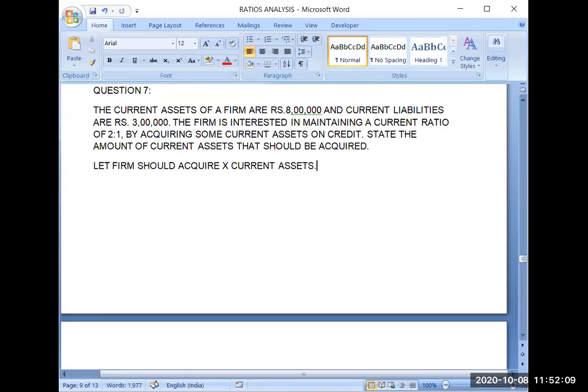Now when the firm acquires X amount of current assets, your current assets will increase. So current assets will now be: previous current assets were 8 lakh, and it will increase by amount X.